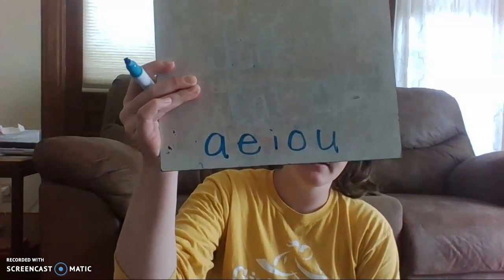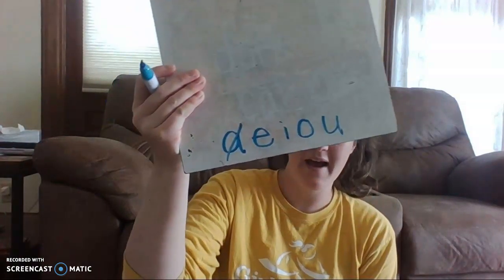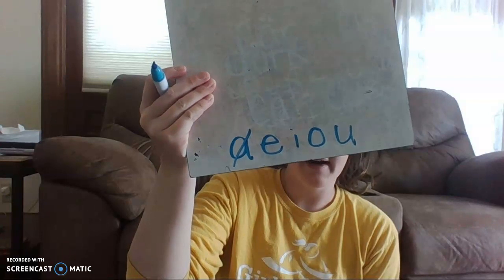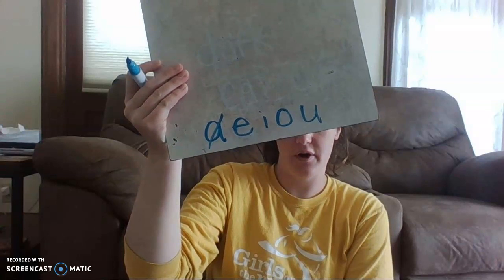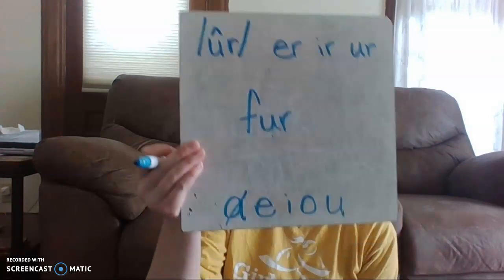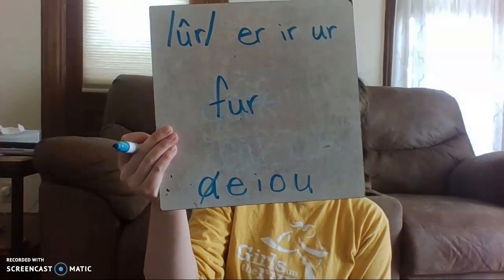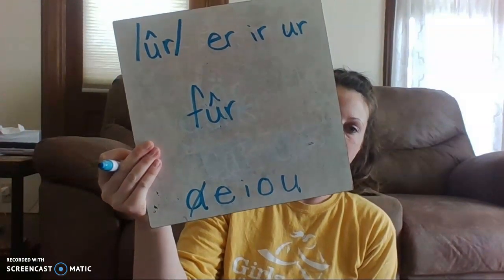It's not going to be A. So we have to think, is it going to be A, E, I, O, or U? Because those are our vowels. And we know it can't be A because AR would say R, and right now it's saying er, like in fur. So for fur, it's actually going to be UR. We're going to code it like that to help us remember. Fur.